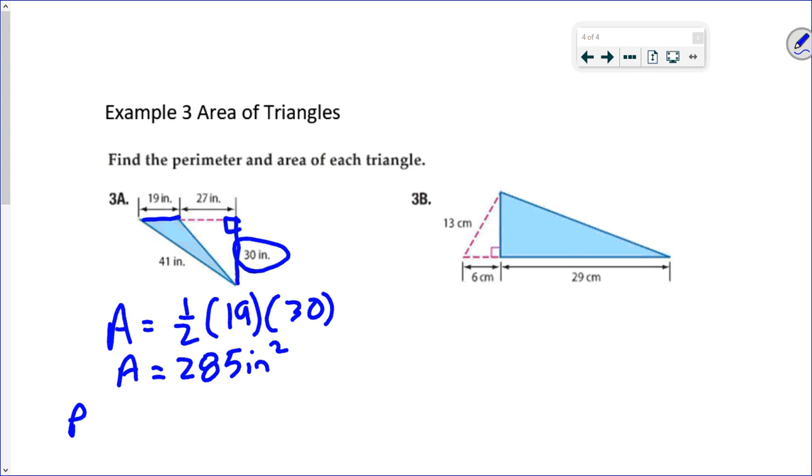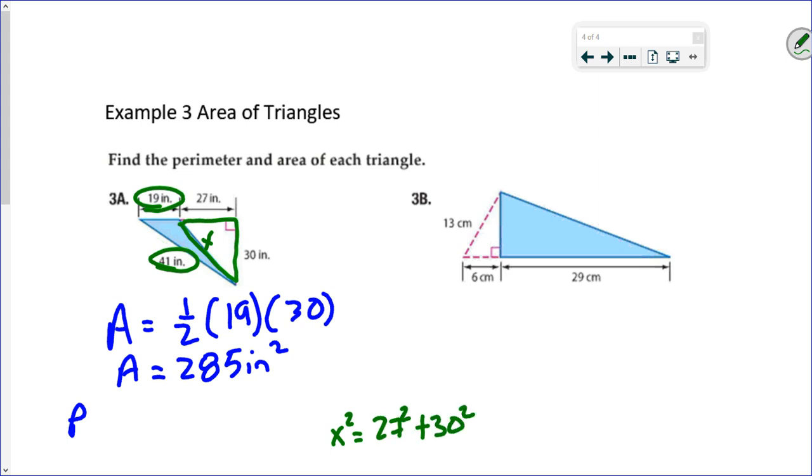And for perimeter here, let me erase here just so we can clean this up. Look here, find perimeter, we got this 19-inch side, we've got a 41-inch side, we got to find this side. So again, let's use the Pythagorean theorem, x there being our hypotenuse, so x squared equals leg squared plus the other leg squared.